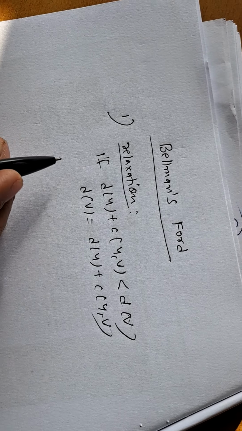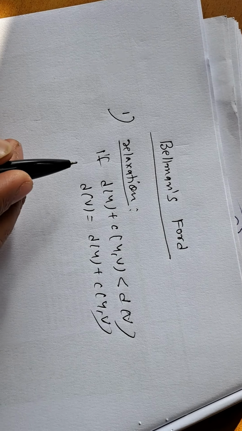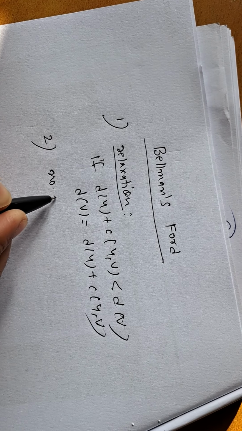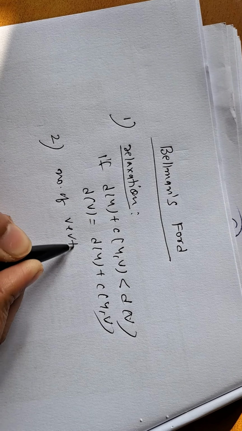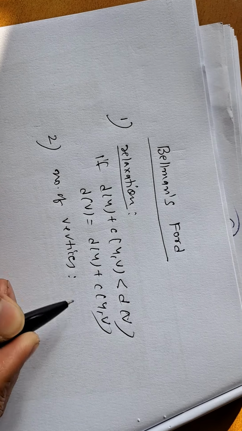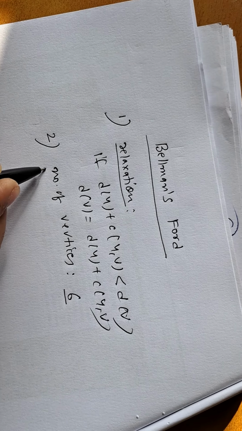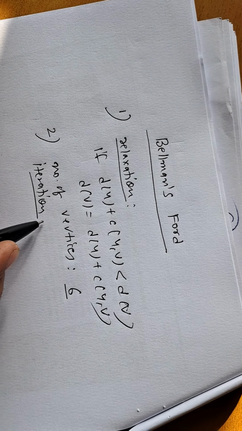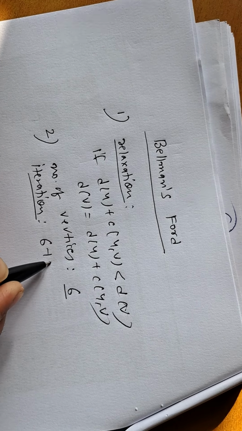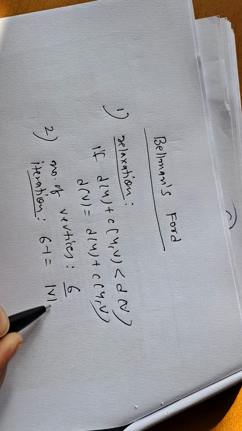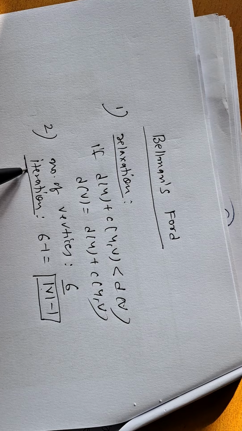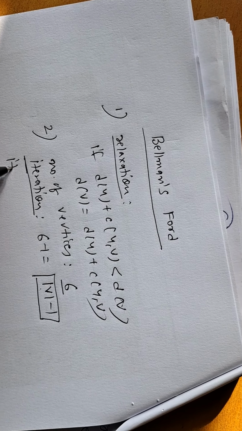So same method we will apply, but how many times relaxation rules we apply here, that depends on number of vertices. So if in our graph number of vertices, let's say 6, so how many iterations we will do? We will iterate the relaxation rules for how many times? 6 minus 1, that is number of vertices minus 1. So that is the number of times you need to iterate relaxation.